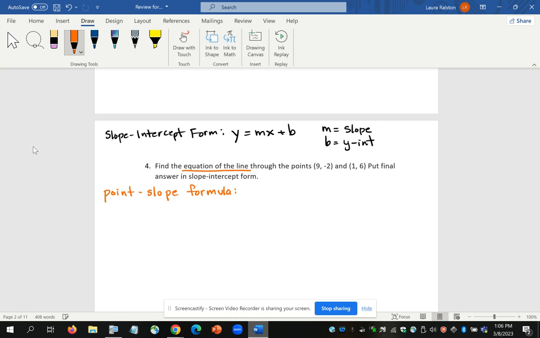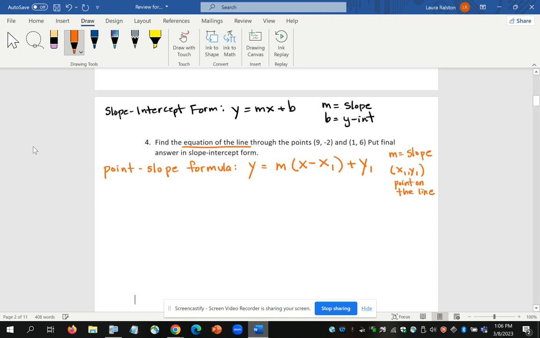Again, this might be something you want to write down. The way I write it is y equals m times x minus x1 plus y1. M here is your slope and x1, y1 is a point on the line.